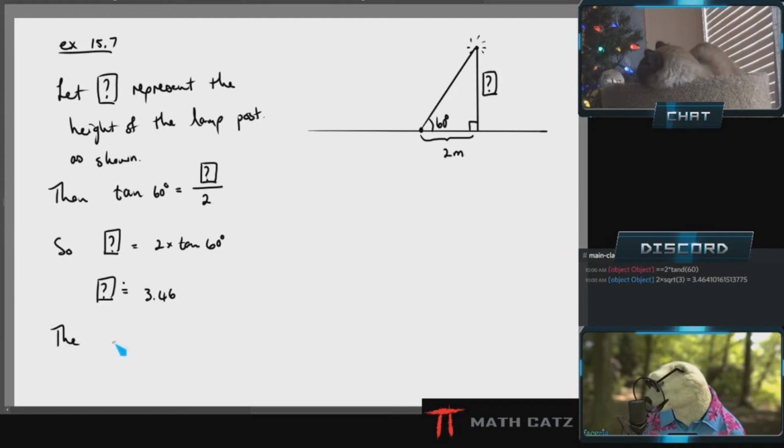Let's say 2 decimal places. Concluding sentence: the lamppost is approximately 3.46 meters tall or high or whatever. All right.